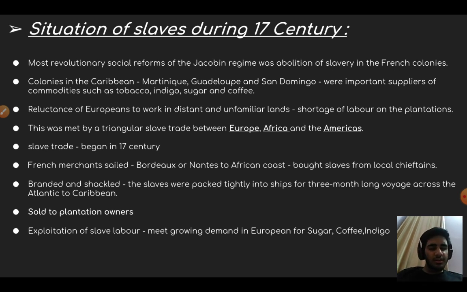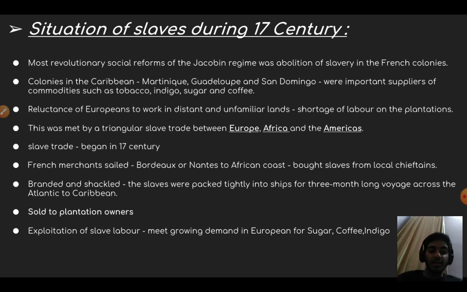So they treated the slaves very badly. As you can see here, the ship was filled with them, and in that situation they traveled a 3 to 4 month long voyage across the Atlantic to the Caribbean, and were sold to plantation owners. The exploitation of slave labor met the growing demand in Europe for sugar, coffee, and indigo.